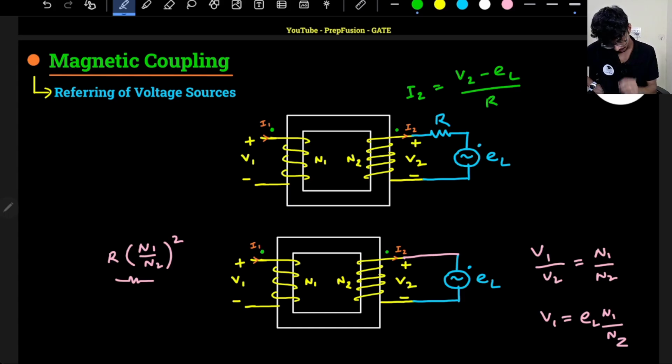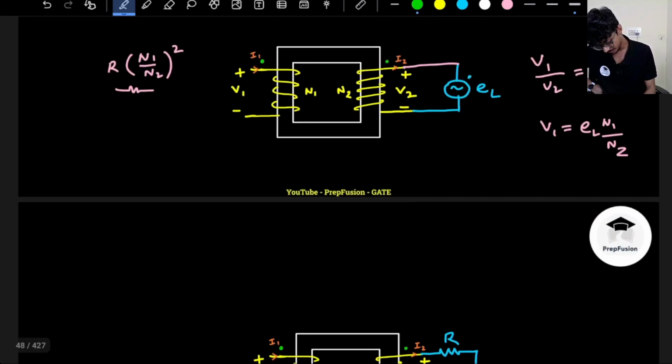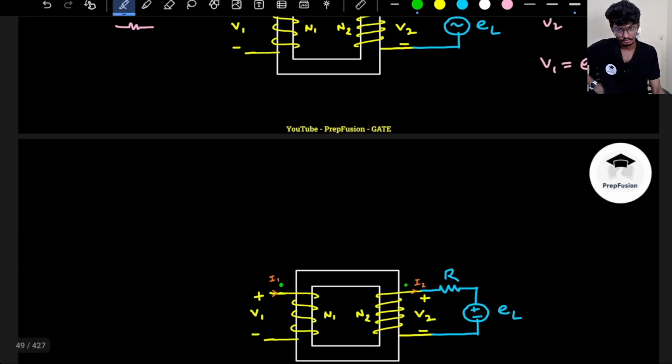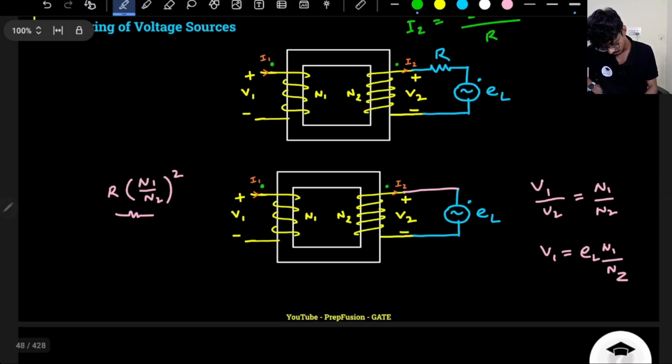And ultimately what I have to see is my current I1. Just hold on, this is for the DC circuit, we are still discussing the AC circuit. So I2 is this.